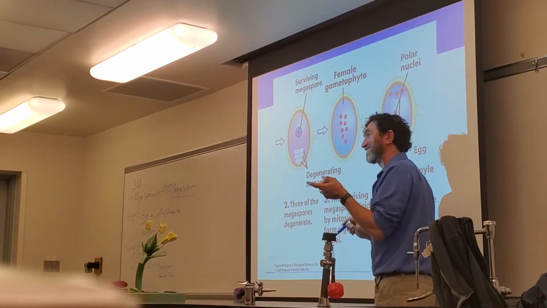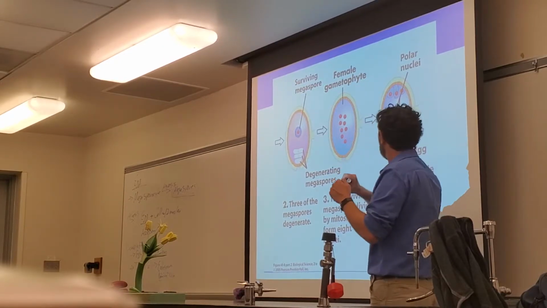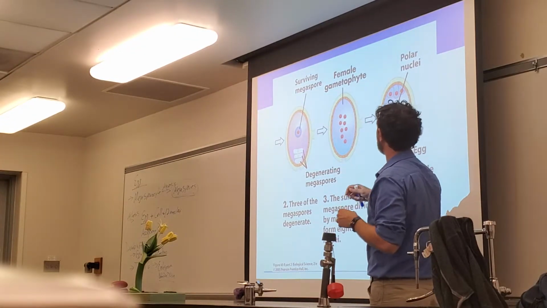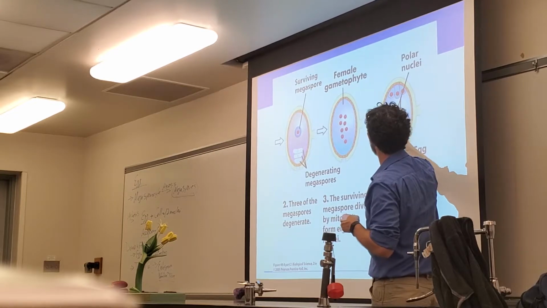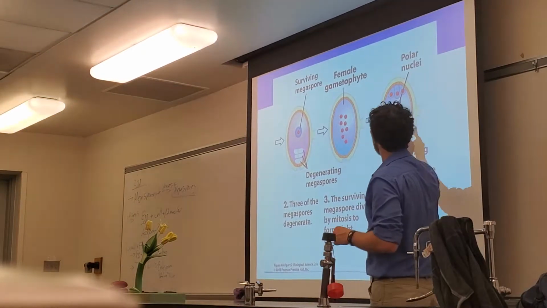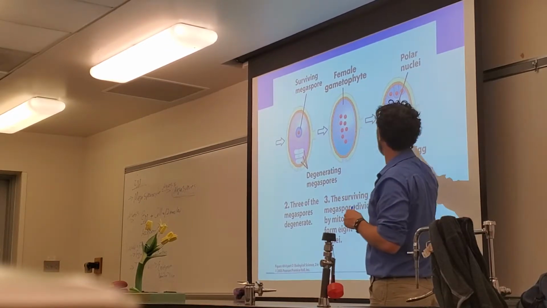But the nuclei divide, and when the actual cytoplasms divide, it produces 1, 2, 3, 4, 5, 6, 7 cells. 6 of them have 1 nucleus, and 1 has 2.